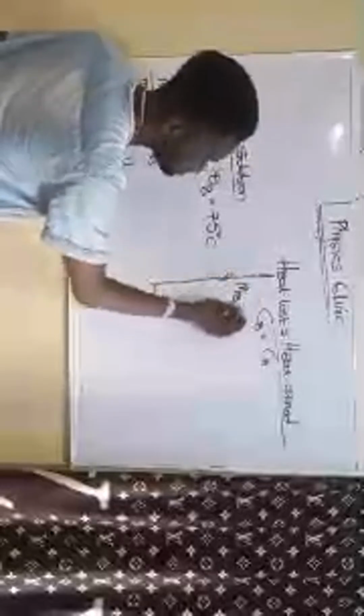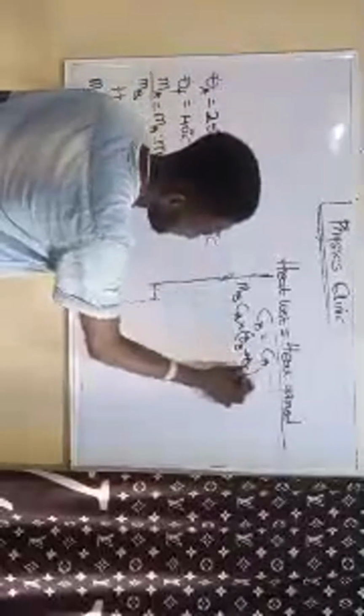So I'm going to get mass of B, CB, times delta theta B. Tap B is the one losing heat, so what's the initial temperature? 75, right?